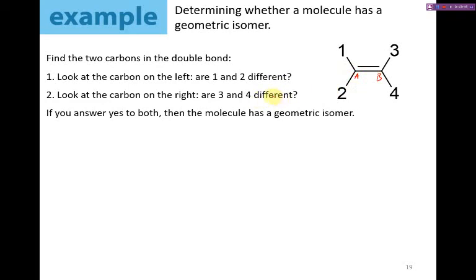In order to have a geometric isomer, you need to have the groups attached to carbon A be different from each other.